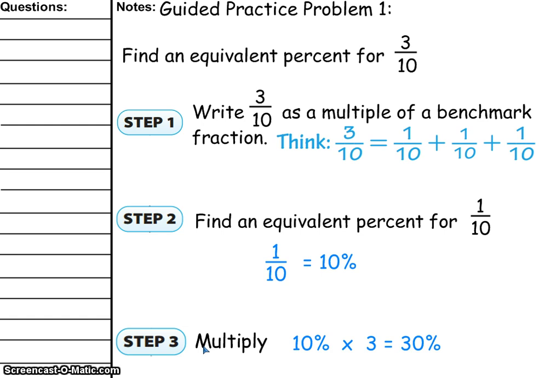So we have 1/10 plus 1/10 plus 1/10. Well, what is 1/10 as a percent? 1/10 as a percent would be 10%. So we would multiply the 10% by the 3, and we would get 30%. So 3/10 as a percent is 30%.